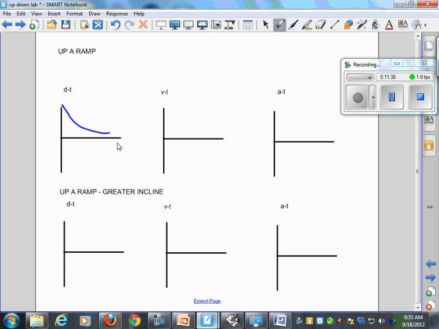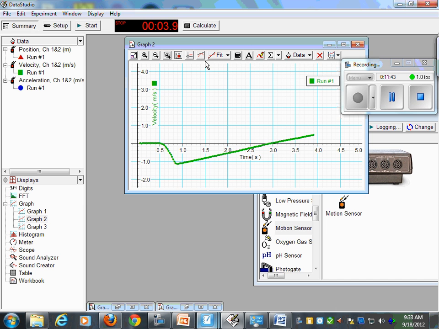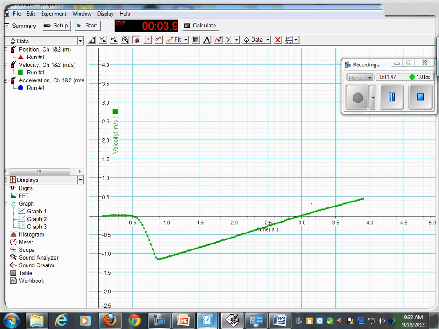All right, now I don't know if you saw the velocity-time graph here. Let me just see if I can find it. Graph number 2, there it is. Now you can ignore this part right here. I wish I'd stopped it earlier. Okay, what's happening for the first 0.6 seconds? Justin's brain is processing to push, right?